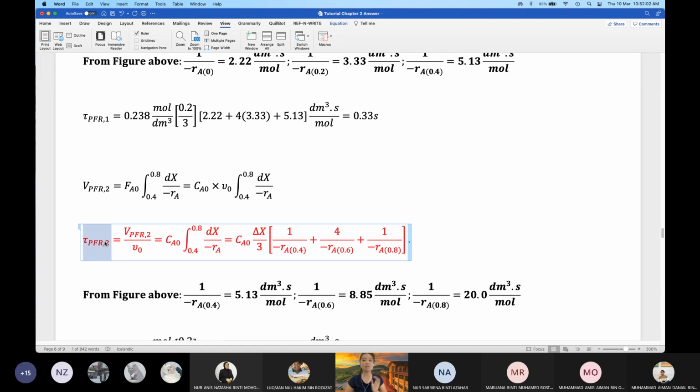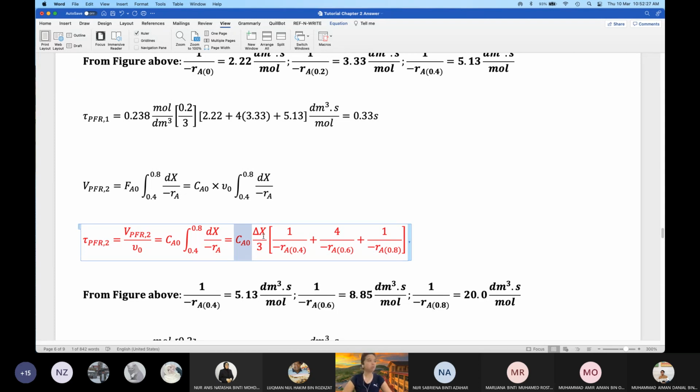Okay. So then, on your right-hand side it becomes CA0, because V0 has been moved, leaving CA0 and your integral part. Don't forget the integral is X1 to X2. So in terms of Simpson's one-third rule, CA0 stays, and the integral part becomes delta X per 3. Again, we start with 0.4 and end with 0.8.